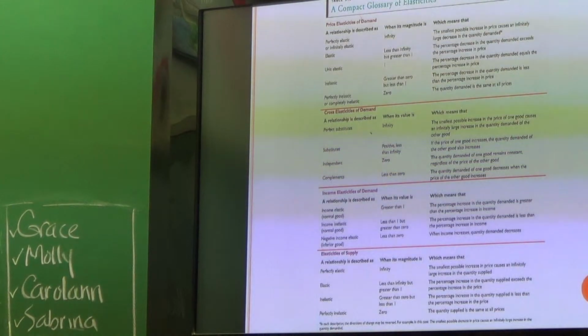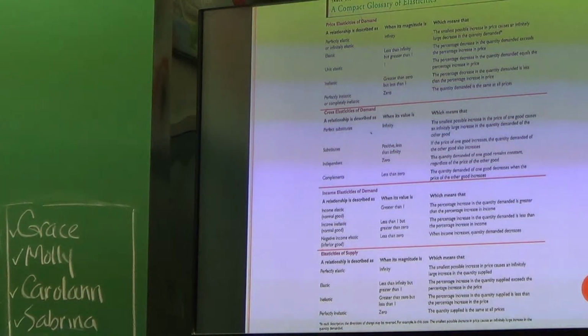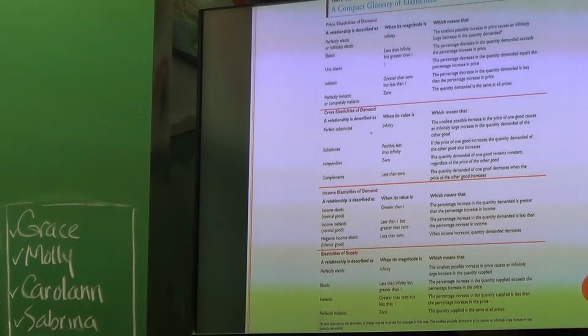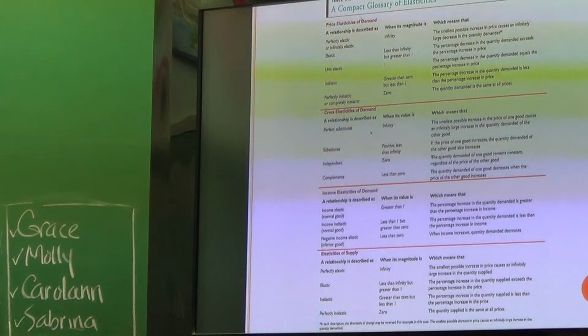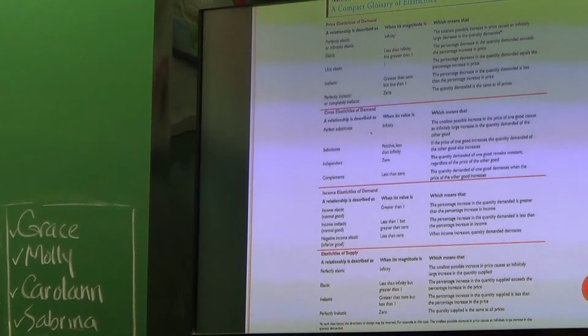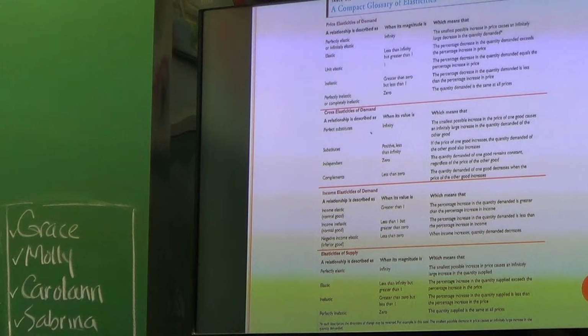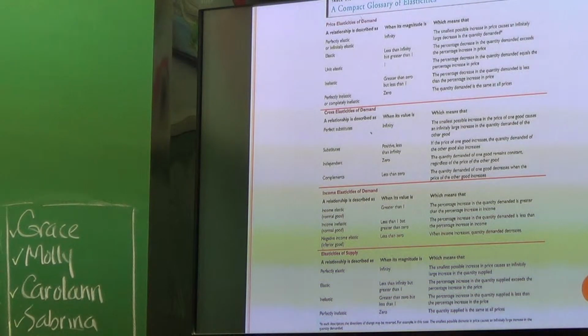Price elasticity of demand has the formula: percent change in quantity demanded over the percent change in price. It also includes the midpoint formula, where we did quantity 2 minus quantity 1 over quantity 1 plus quantity 2 over 2. So the way we've calculated this, we're using the midpoint formula. And then cross elasticity, where we're again looking at substitutes and complements and the quantity demanded.